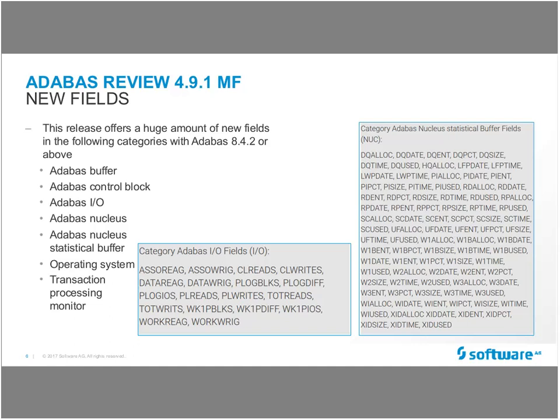And we have new categories, or categories with more information: the buffer, control block, IO, nucleus, statistic buffer, operating system, transaction processing, monitor. This is just a selection here. Please go to the documentation. You see quite a lot of these new fields. So that means you have many more options to generate reports and get out whatever information you need.